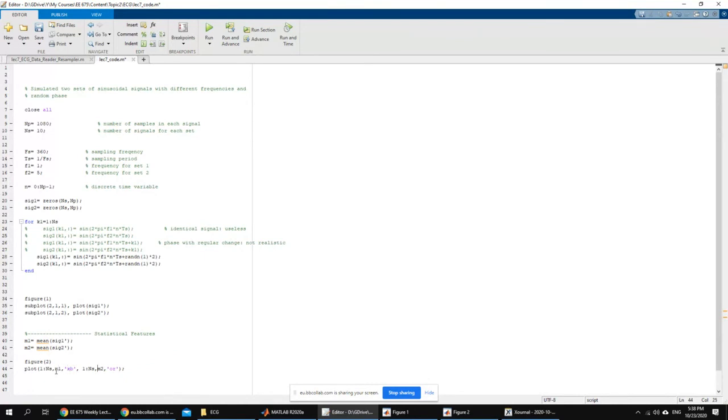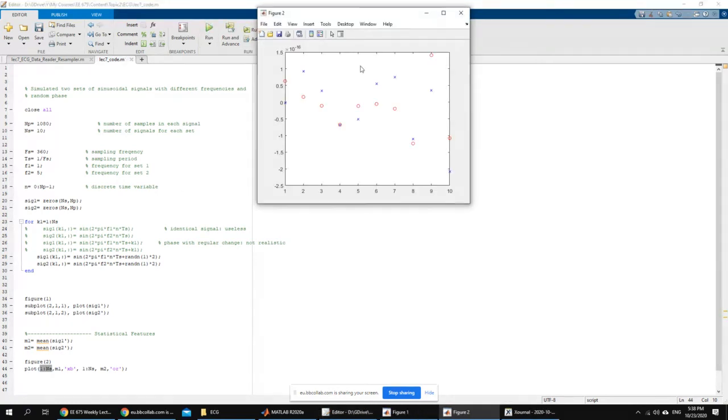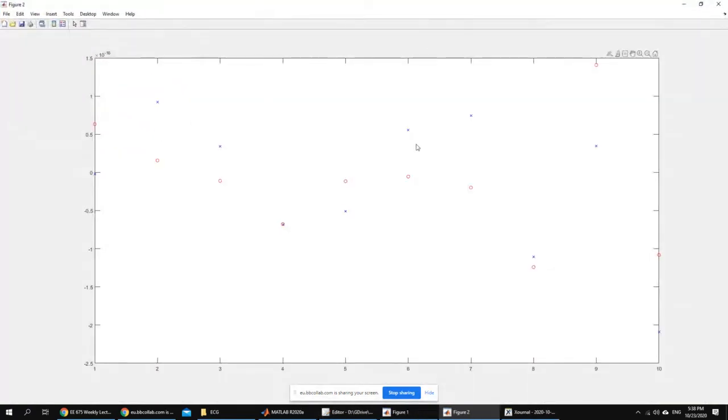So I didn't have X before, so I added X now. X is basically the number of samples, just the array of the samples. Okay, how do you like that?